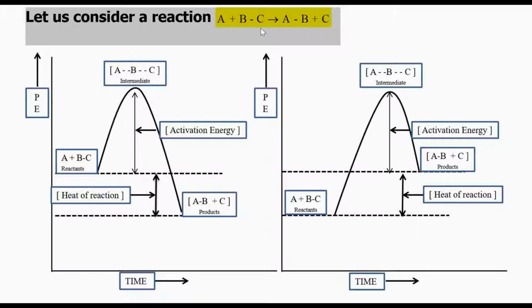So substrate is a reactant molecule in which some bonds are broken and some new bonds are formed. In this reaction, you can see that BC is converted into AB.